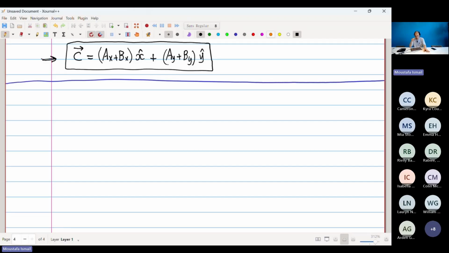The reason why vectors are important, the reason why we spend some time doing them, is that when we do two-dimensional kinematics, we will basically have two directions for motion. Like, let's say you throw a ball at an angle. The ball is moving horizontally and vertically, like it goes up and it goes forward. So you need to address both directions of motion.